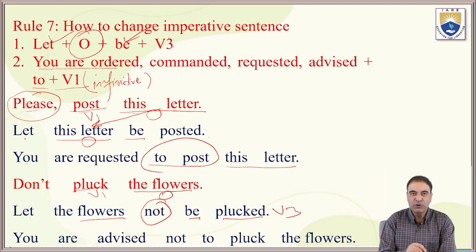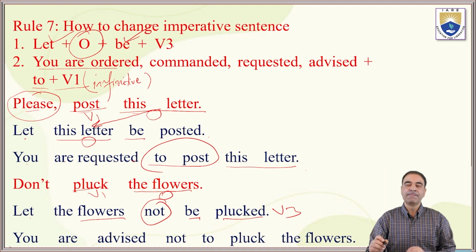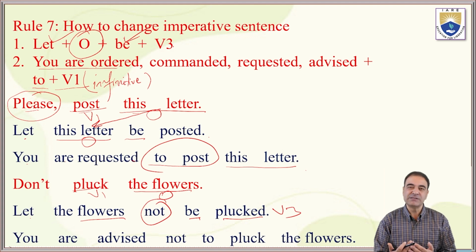And the second way is: you are advised not to pluck the flowers. Remember, we change imperative sentences in two ways. The first one is we just introduce let plus object, and then be, and then verb in third form.